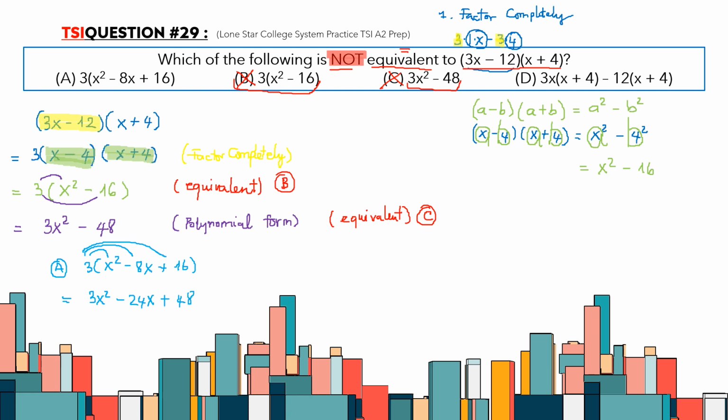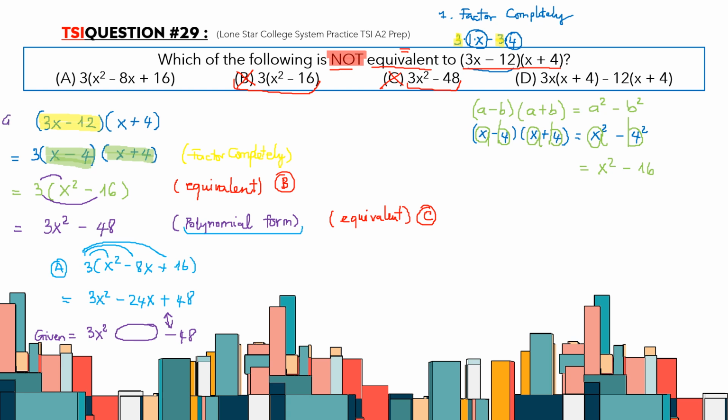And you see that after everything is distributed, the polynomial form is different from the given. The given one has 3x squared minus 48. See, we don't have the minus 24x, and the plus and minus are different.